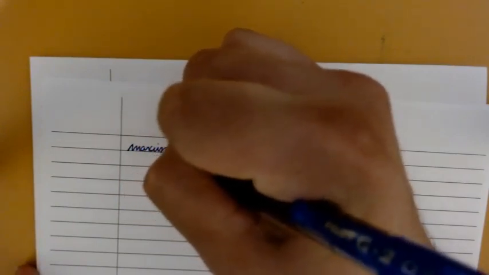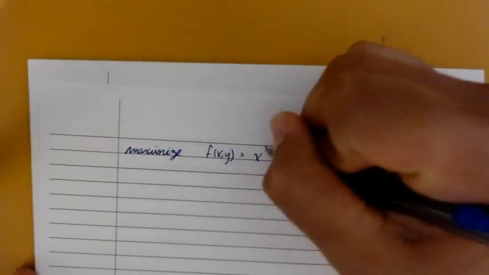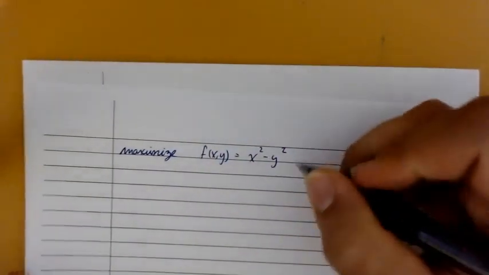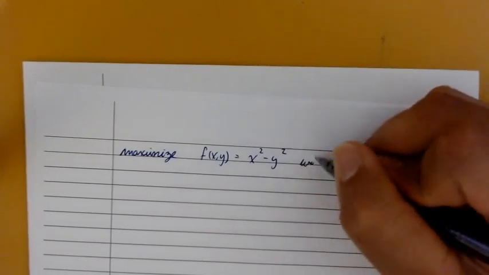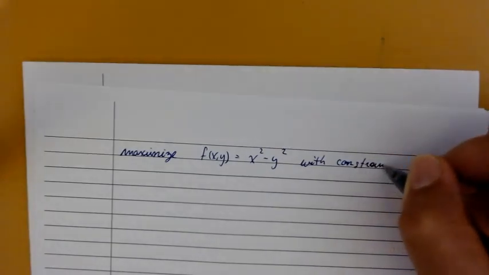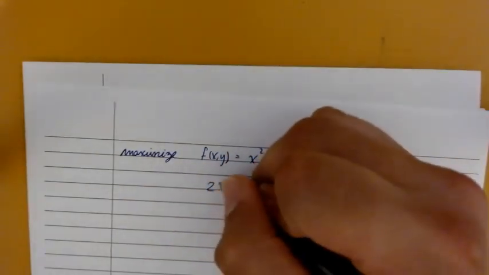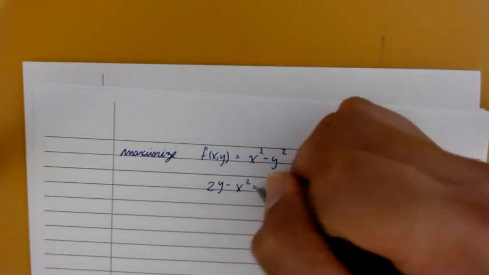You might wish to try this. Go ahead and give this a try. Go ahead and maximize f of x comma y equals x squared minus y squared with the constraint that 2y minus x squared equals 0.